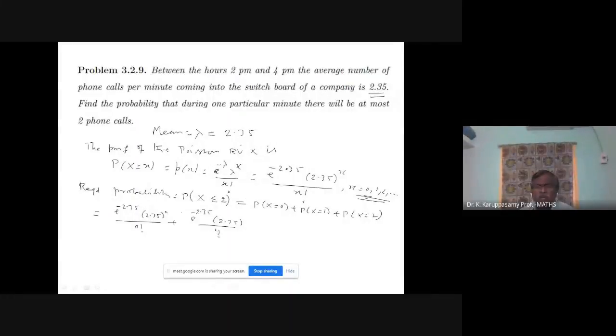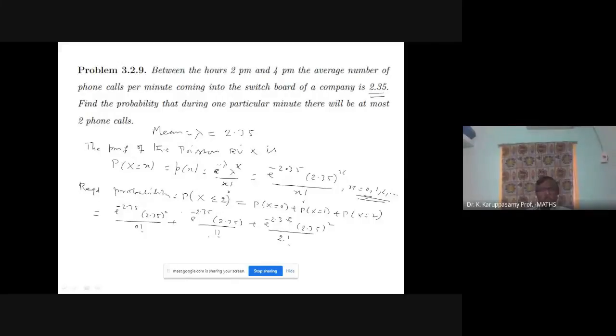So the first is for x equal to 0 probability, the next for x equal to 1, then x equal to 2.